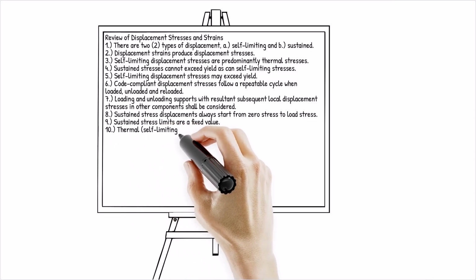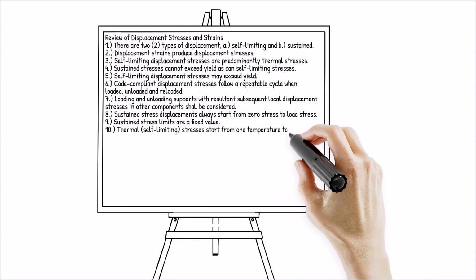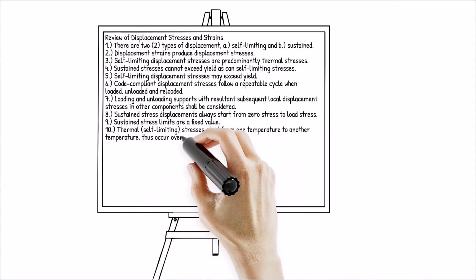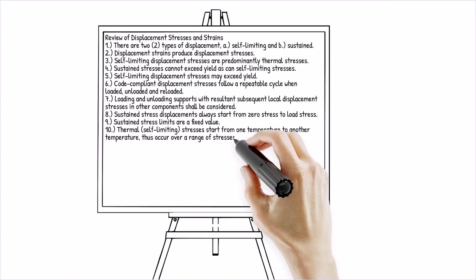However, the same cannot be said for thermal, self-limiting displacement stresses and strains because they occur over a temperature range. They're not fixed in any way for any given project. Thus, the limits refer to a range of stresses in B31.3.